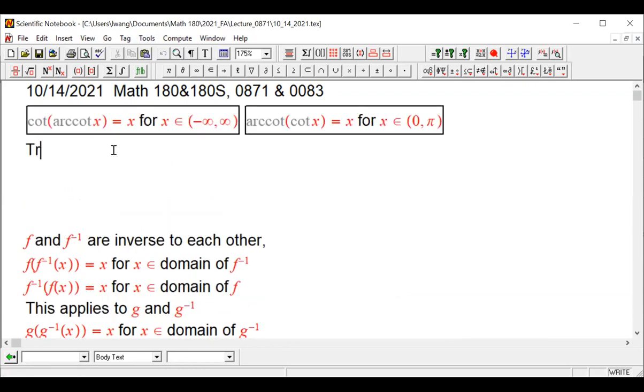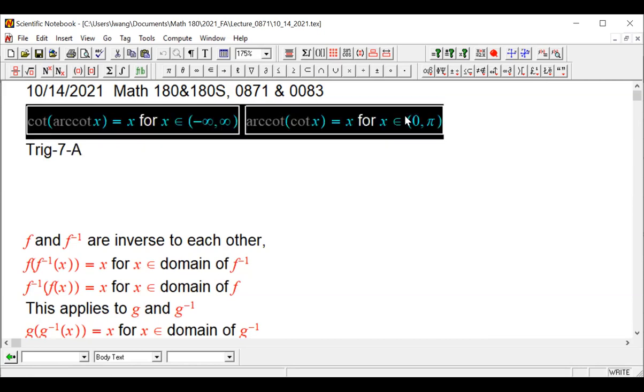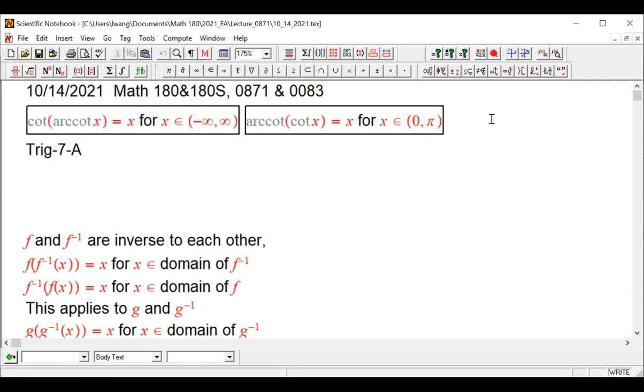Okay, so let's look at trig 7a. We not only apply these because sometimes these are applicable, sometimes they're not, right? So let's look at a couple of cotangent. For example, 28. We have cotangent of ArcCotangent of 5.